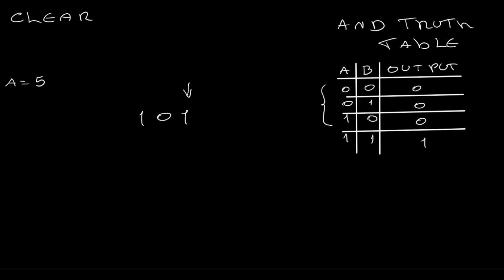So, in the first input I have the value 1. All I need to do now is pass the value 0 in the second input. So now we have 1 and 0, we have 0. That way we cleared the bit.